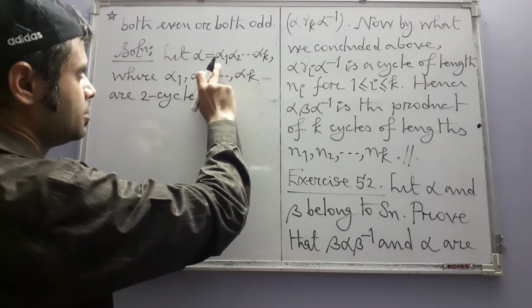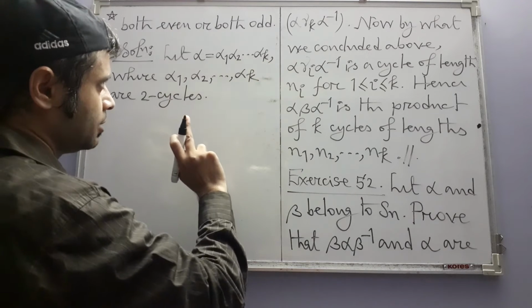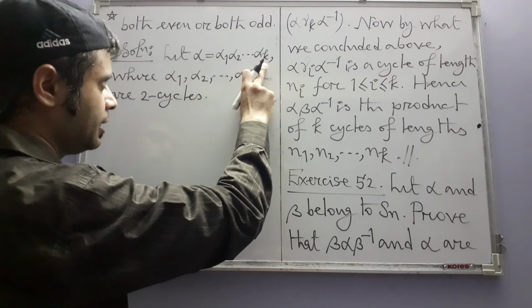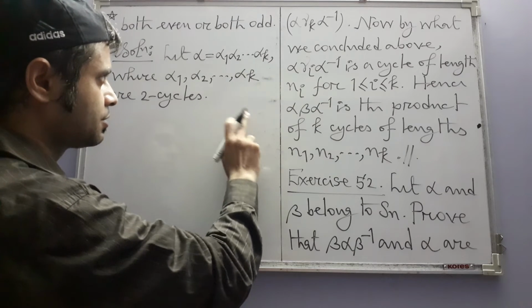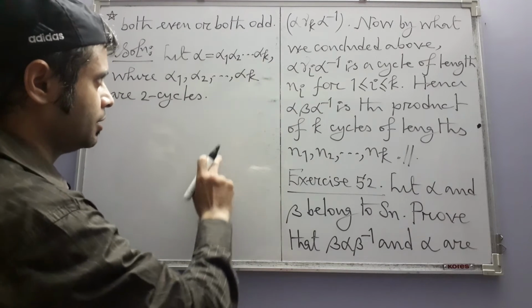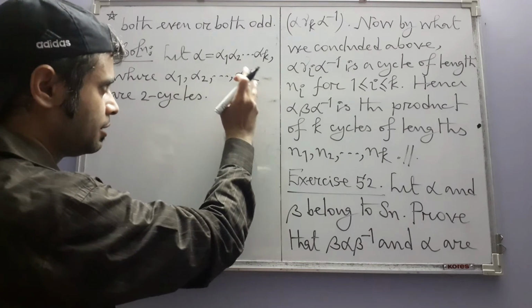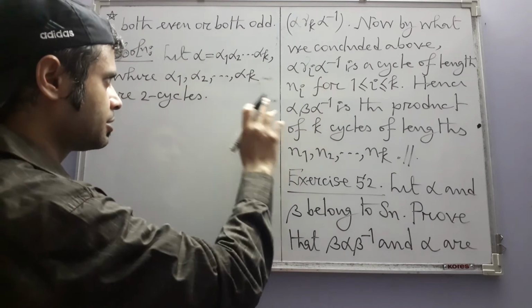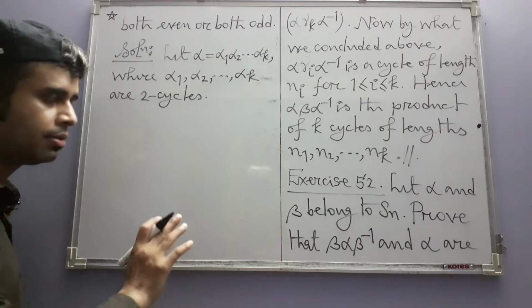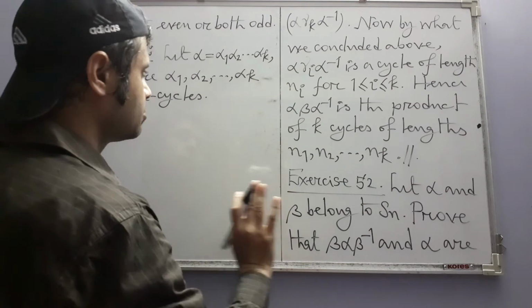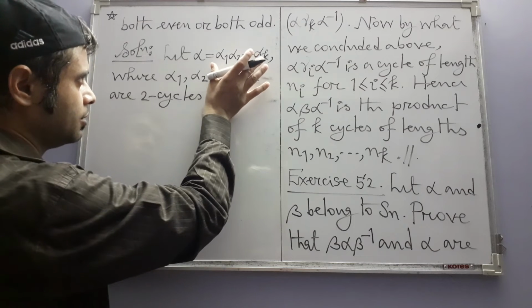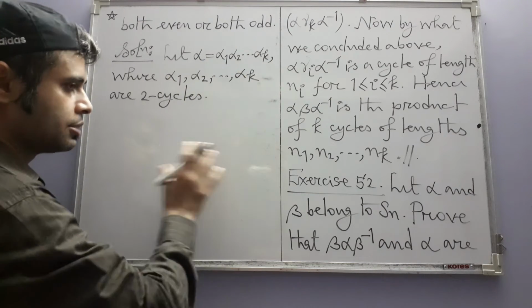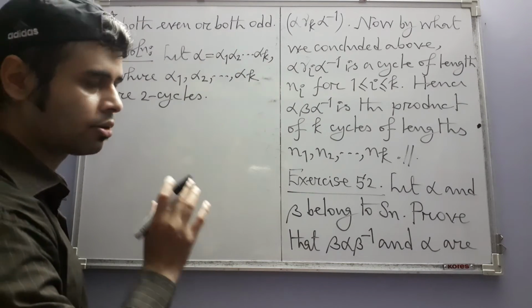So that means this representation is not unique, and in fact the number k is also not fixed. However, something about this k is fixed, namely its parity. If k is even, then in any such representation k stays even, and if it is not, then it is not. And in fact that's how we classify permutations into these two classes, either even or odd.